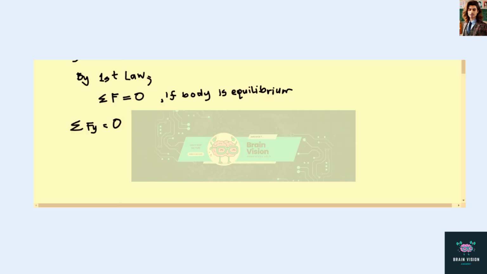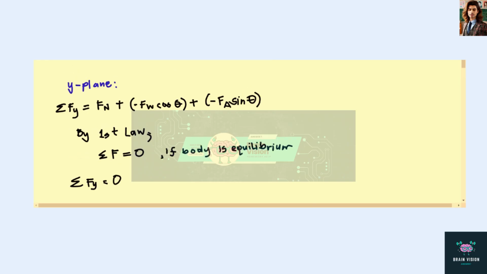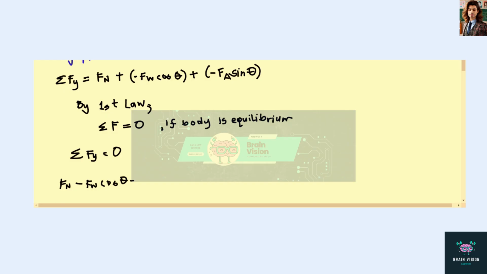Now we have FN minus FW cosine theta minus FA sine theta equals 0.